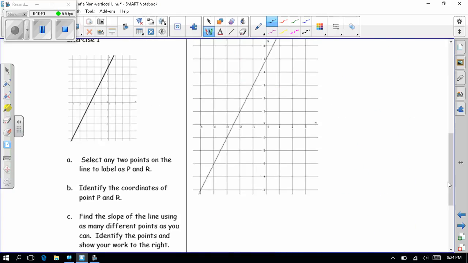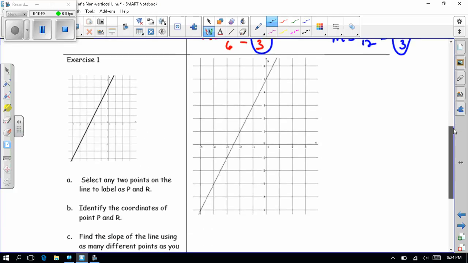Okay, so next part of the lesson, they're asking us to select 2 points, any 2 points, and we're going to label them P and R. And we're going to identify the coordinates of P and R, because all of these points on here do have addresses. So the first one I'm going to do, just kind of picking random here, I'm going to identify the coordinates.